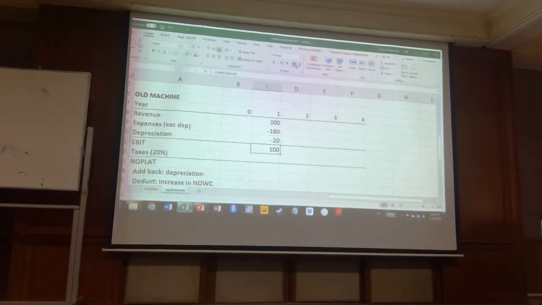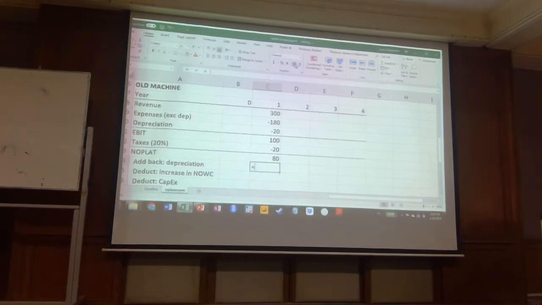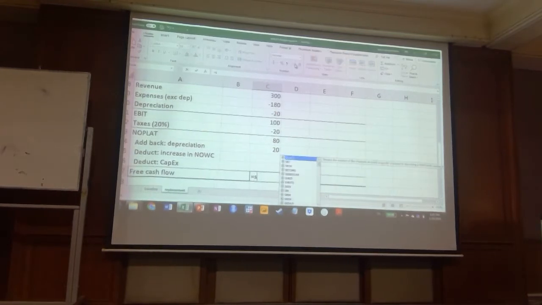So your EBIT is 100, your tax is 20, your NOPAT is 80, and add back depreciation, no net working capital, no CapEx.